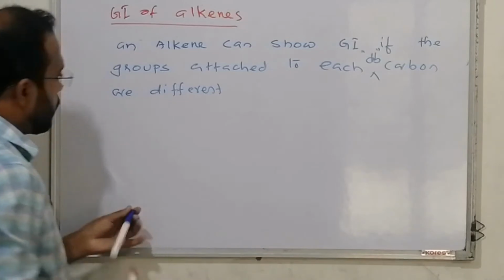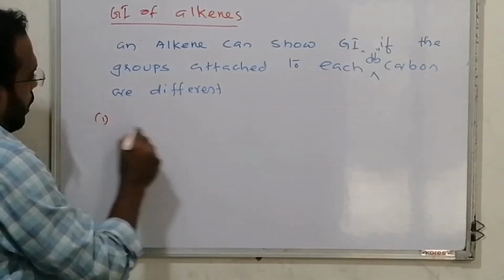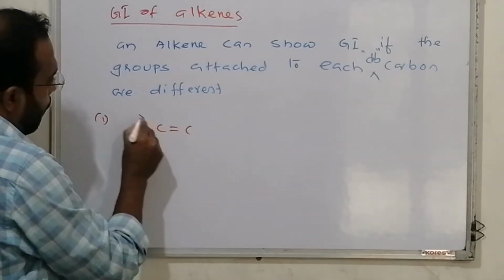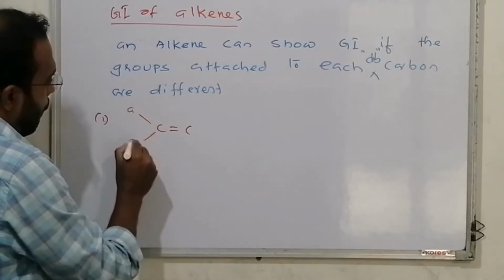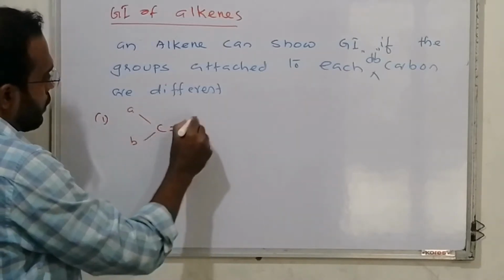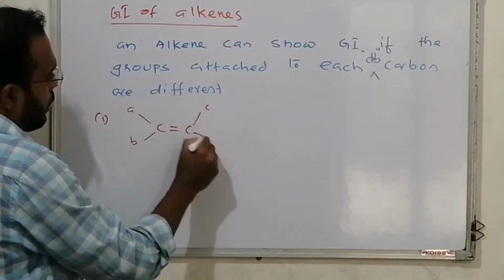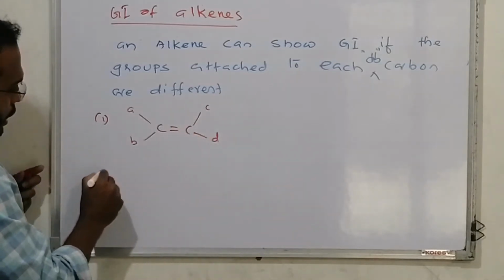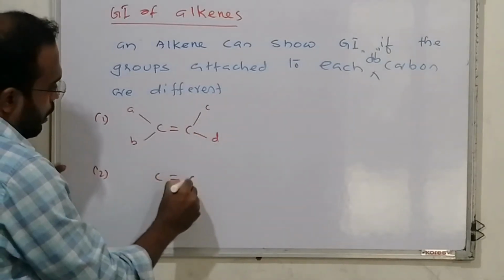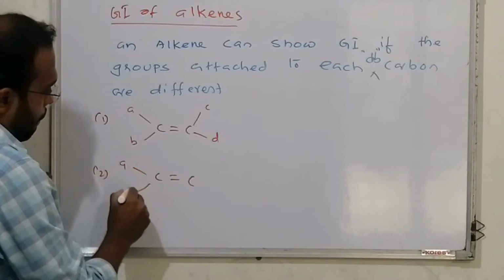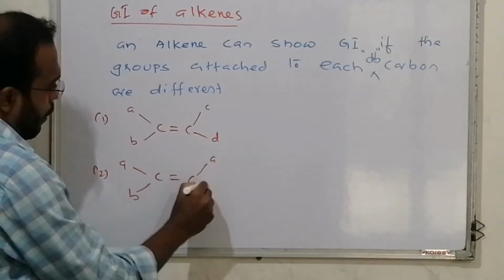That is, the alkene should be like C double bond C, with A, B on one carbon and C, D on the other. Second, it can be A, B, A, B.